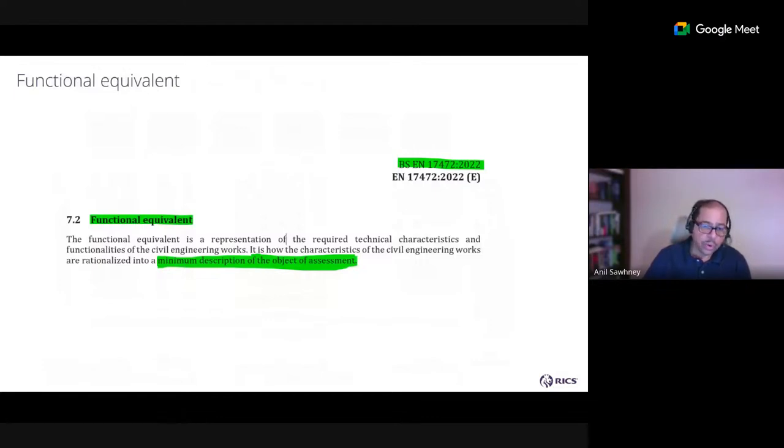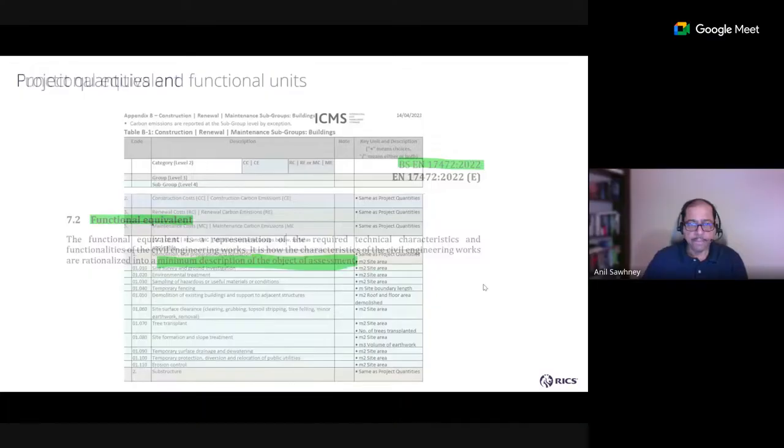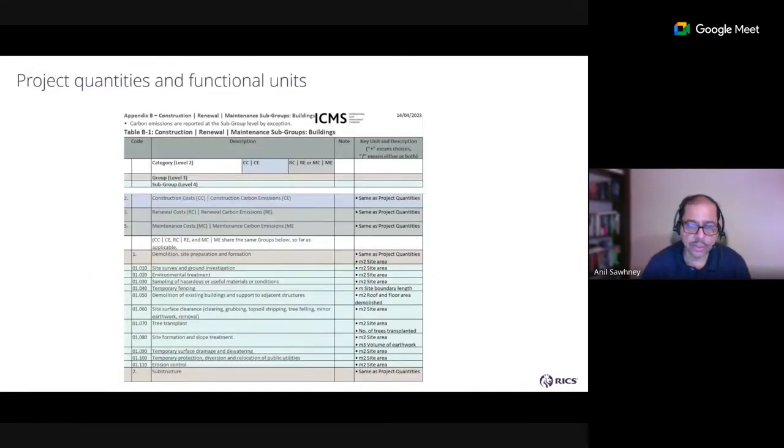Okay, so ICMS also provides a functional unit. Remember, we said for buildings, it's a gross internal area, GIA, even though there are discrepancies on how we measure GIA. ICMS provides that kind of functional unit for measurement or functional equivalent for benchmarking and measurement. So if you look at ICMS, this is how one of the reports looks like. We would generally have meter square of site area.